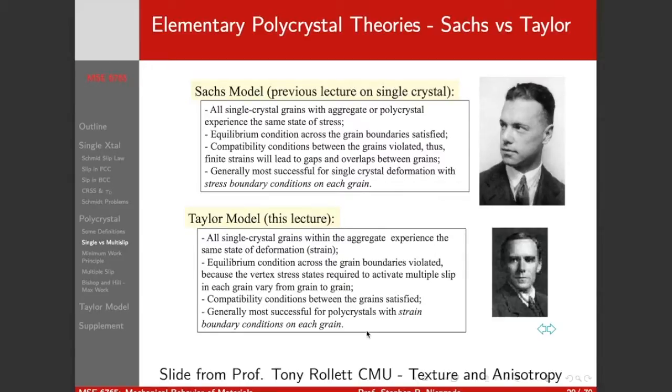So we are going to do our best to keep it as simple as possible. But in reality, how the stresses and strain rate are partitioned in a polycrystal is a really complicated phenomenon.